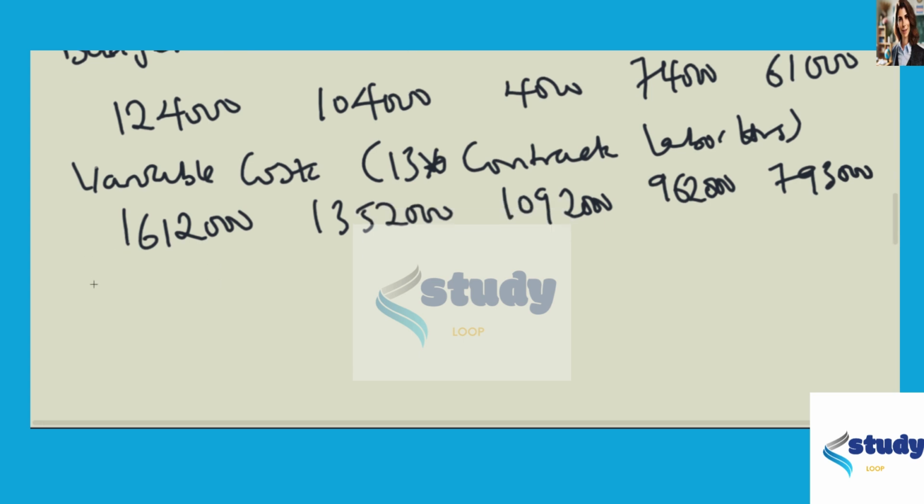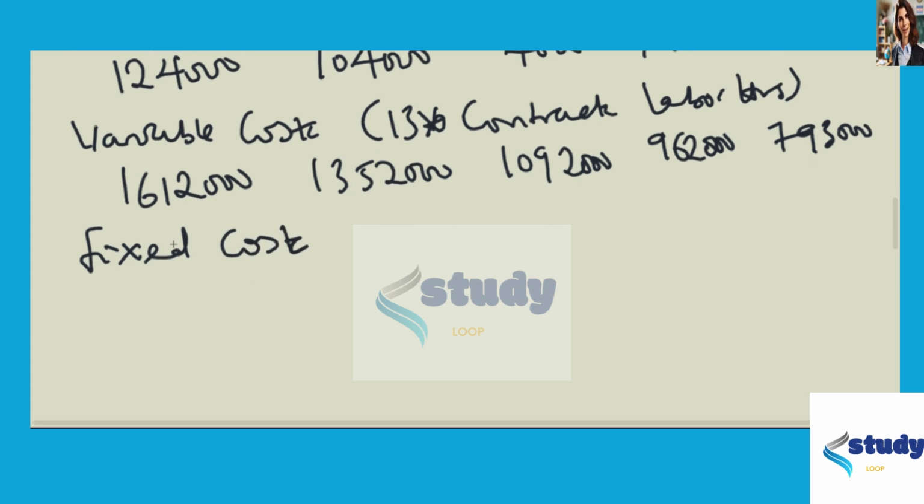Now the fixed cost for the first one is 168,000. The second one is 168,000. Because it's fixed cost, it is the same for all scenarios.